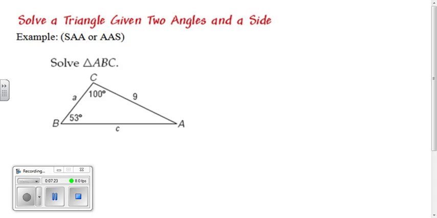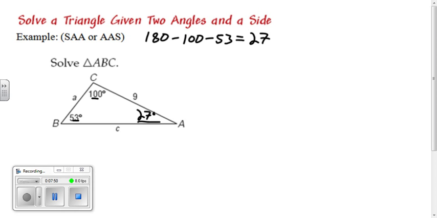So if we need to solve a given triangle given two angles and a side, the first and probably the easiest thing to do here is, remember, any triangle has 180 degrees, so we can subtract the other two angles, minus 100 and minus 53, and we'll find our missing angle, which comes out to 27. So we know right off the bat that this is a 27-degree angle.